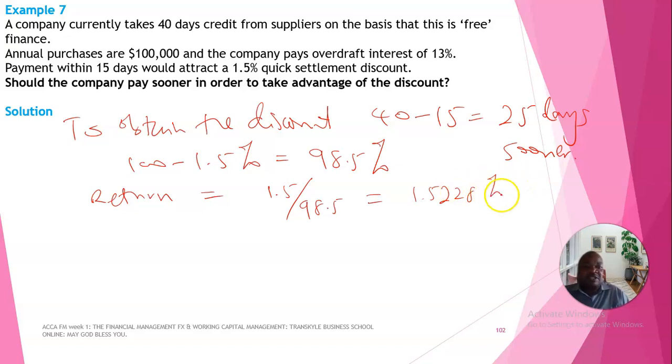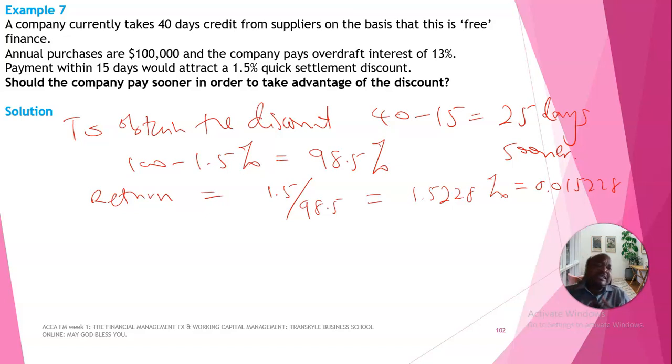That's what they are going to get. If you would like to use the decimal, this comes to 0.015228. So that's the return they get if they take the discount.